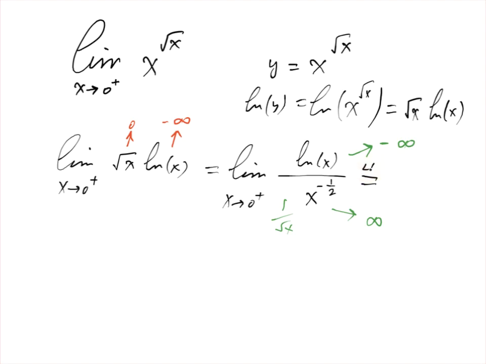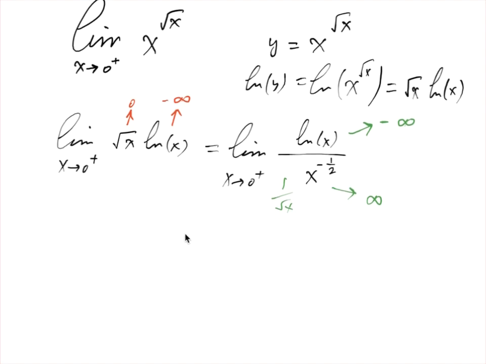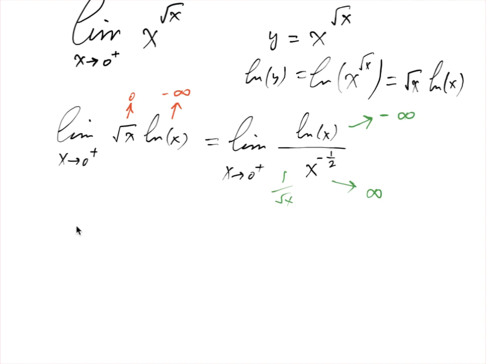So by L'Hopital's rule, this is equal to the limit of the derivative of the numerator over the derivative of the denominator, because it's infinity over infinity type.